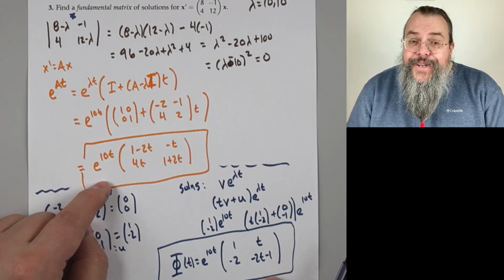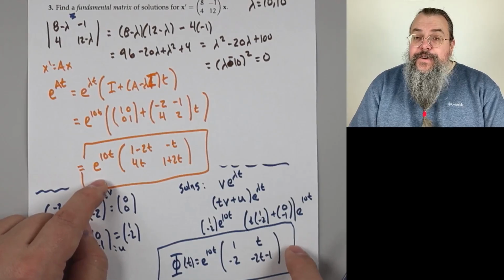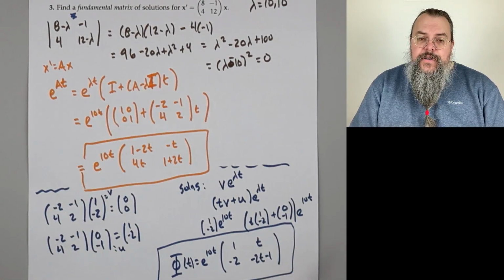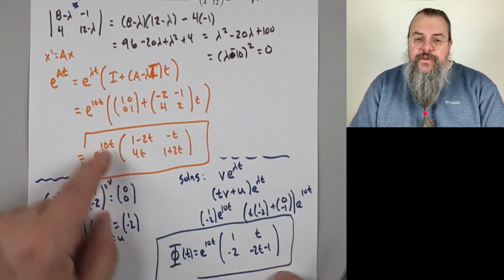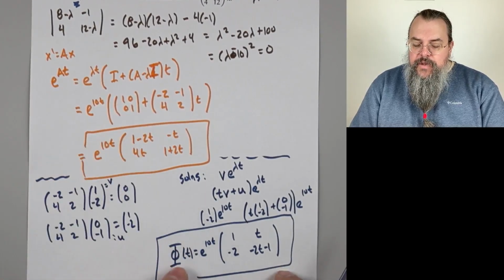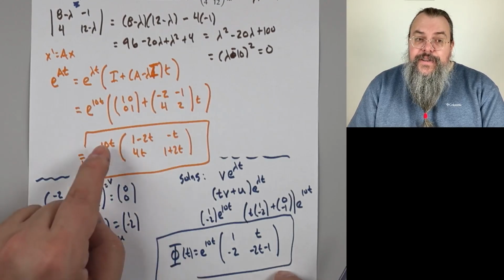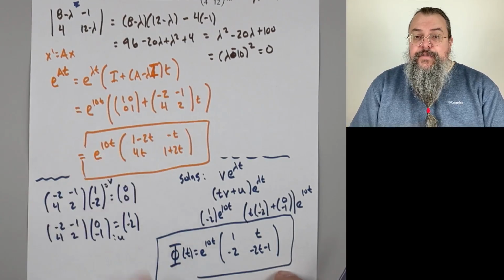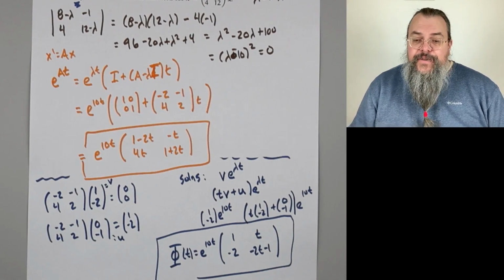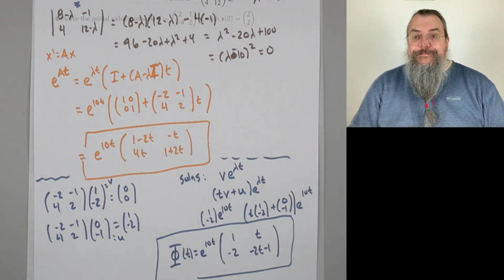But if you don't want a shortcut, sure, do the work. You'll get a right answer, and life is good. Now you might say, how did you get between these two? You can get from here to there by taking phi of t multiplied by phi 0 inverse, and you will get this expression as well. But for now, we're satisfied. Life is good, and let's keep moving on.